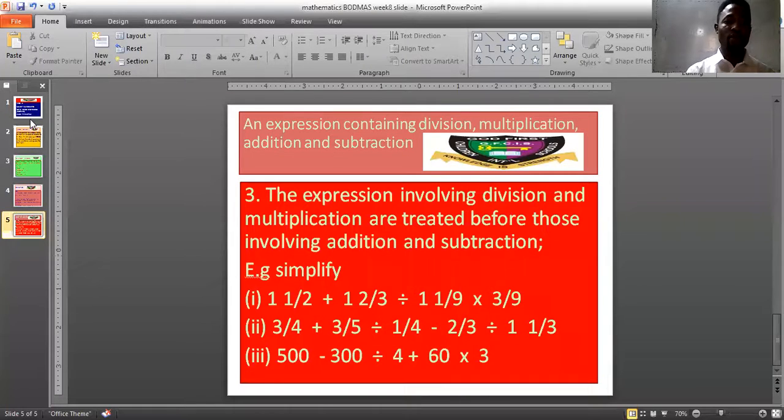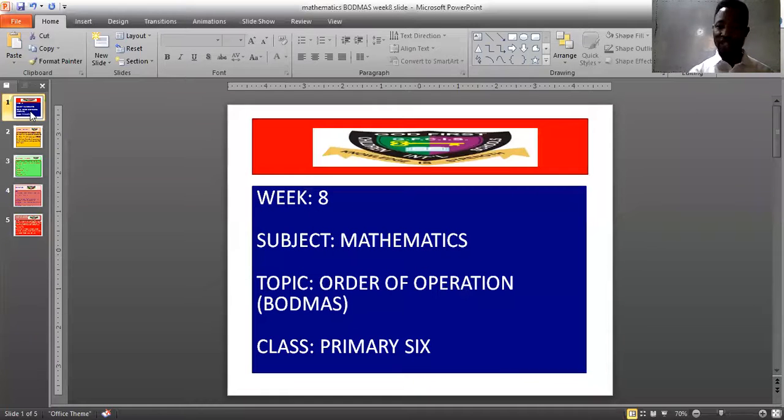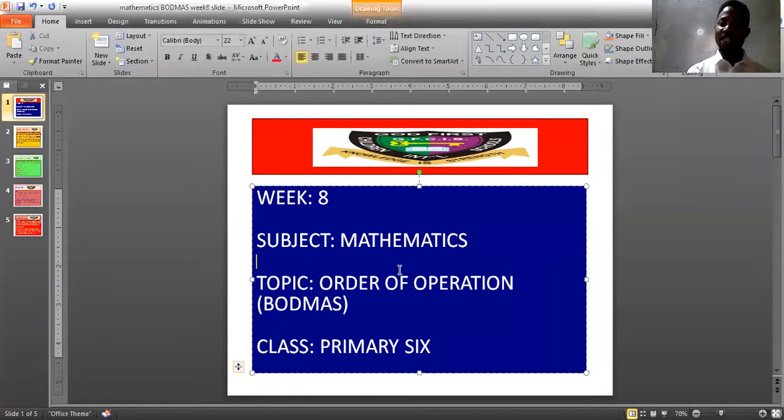You have to approach it using Bodmas. Today we're looking at the subject mathematics, and the topic is order of operation, which is Bodmas: how to solve mathematical problems that involve more than one operation sign.